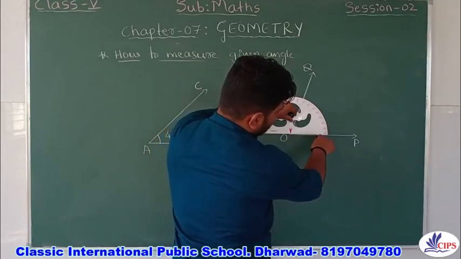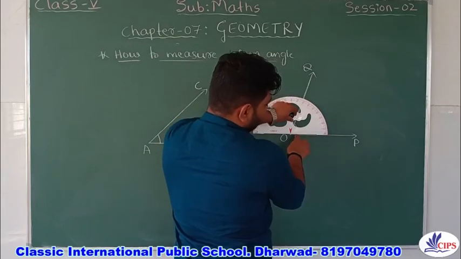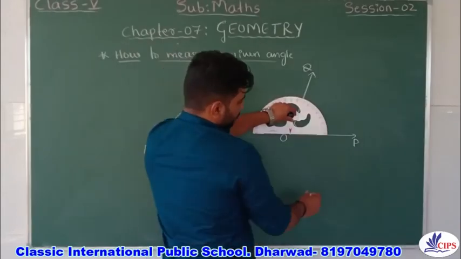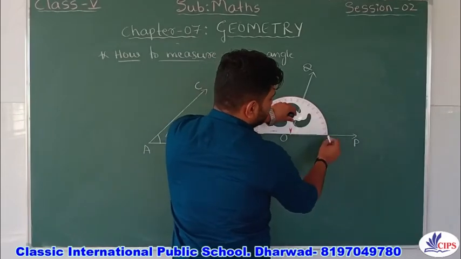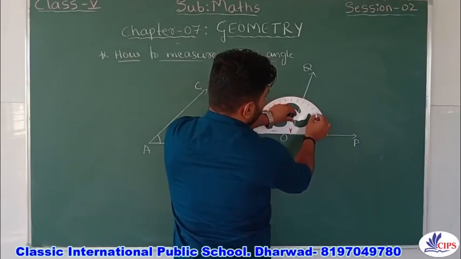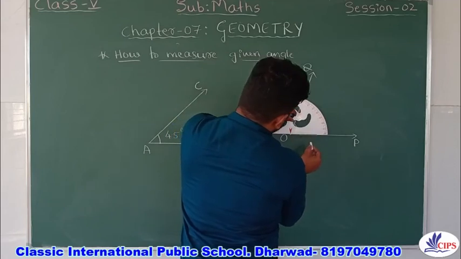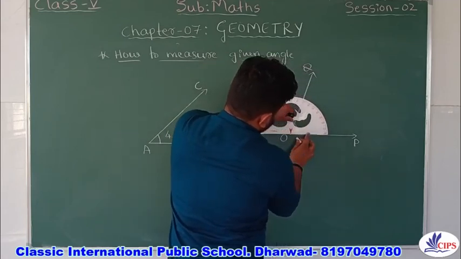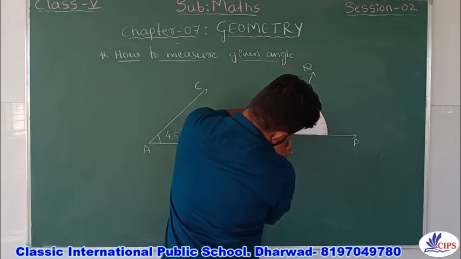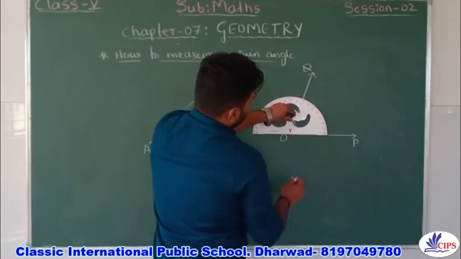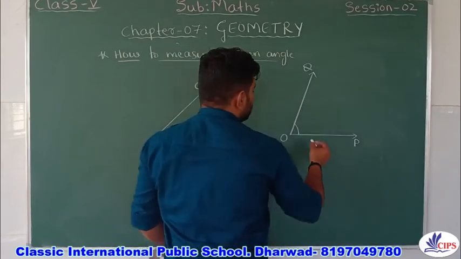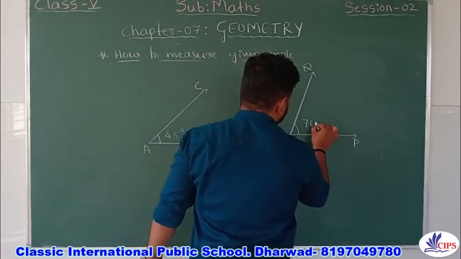It must be exactly on this baseline, on this OP. So now counting from the right side downwards, 0, 10, 20, or you can just see here, it is 70 plus. See, maybe it is not visible in the camera. Okay, this is like 71 degrees, or you can just take it as 70 degrees.